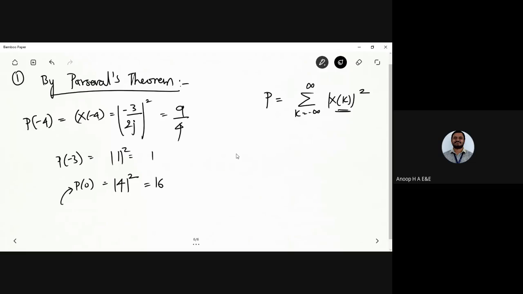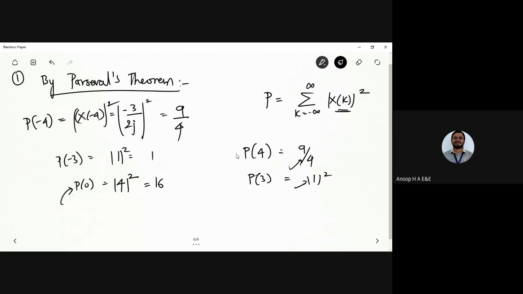We are taking the power here, remember that. Next, P of 4. What is P of 4 there? That is again 9 by 4. Next, P of 3 is again 1. You are going to square it. I have directly written here P of minus 4, which would be equal to x of minus 4 under the mod, squared.